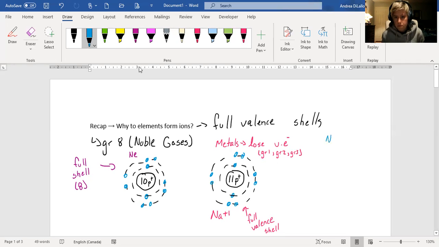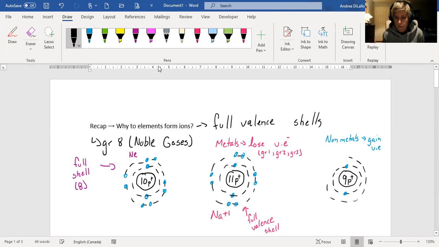Nonmetals are going to gain valence electrons. So let's look at fluorine. Fluorine is a nonmetal. It's in group 7. It'll have 9 protons. It has 2 shells. The first shell has 2 electrons, and the second shell has 7 electrons.